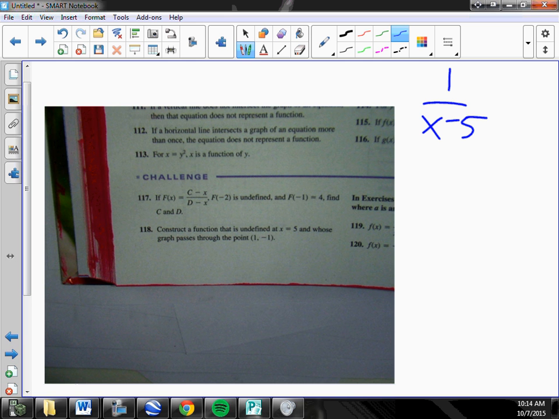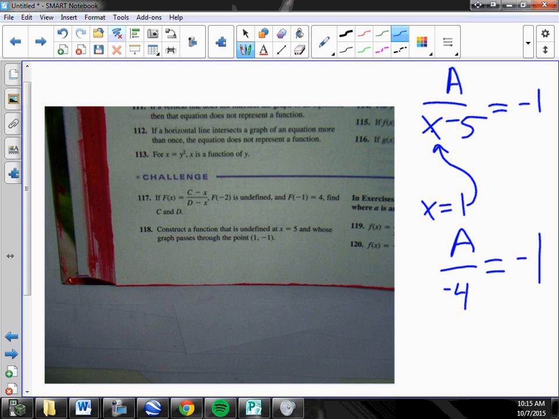So essentially you're saying a over x minus 5 equals negative 1 when x equals 1. So if I plug 1 in there, I get a over 1 minus 5, which is negative 4, and that needs to equal negative 1. What value of a makes that happen? Negative 4. Is that what you got? Negative 4?